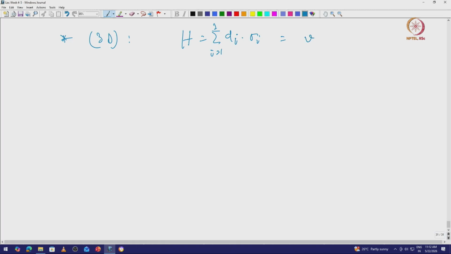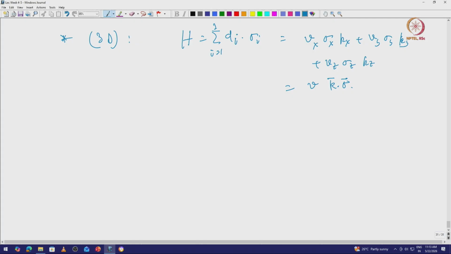And then you will have Vx sigma x kx plus Vy sigma y ky plus Vz sigma z kz, and again if it is symmetric then you will have V k dot sigma or sigma dot k.